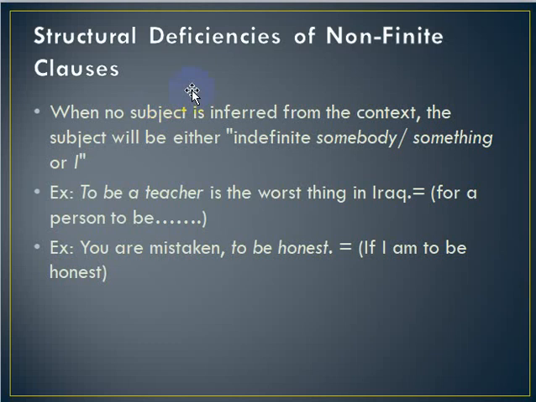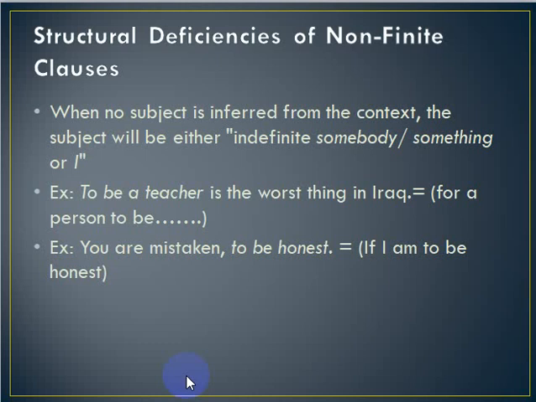So, when no subject is inferred from the context, the subject will be either indefinite, somebody, something, or I. This is when we cannot infer the subject from the context. For example, to be a teacher is the worst thing in Iraq, and this is a realistic example.